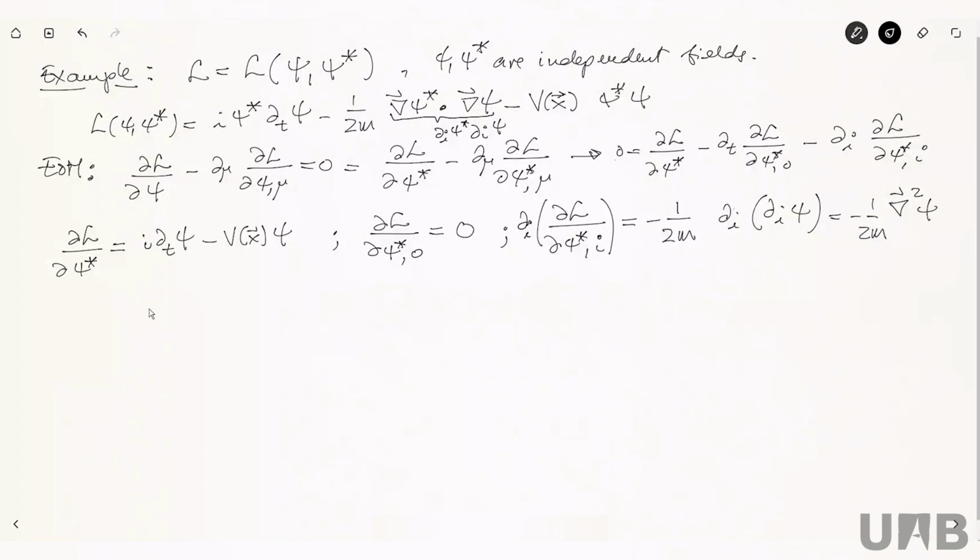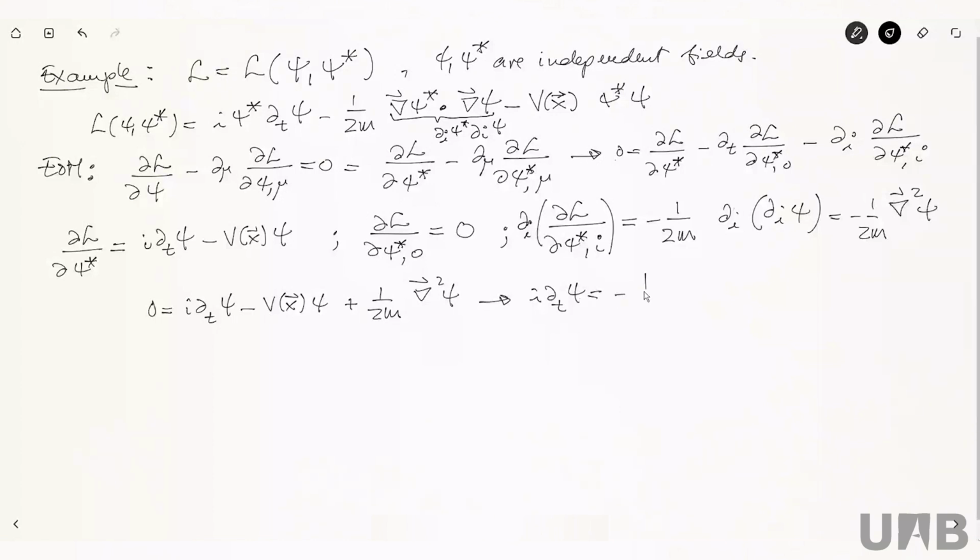So that means that 0 equals i dt psi minus v of x psi, that's this guy, minus the time derivative, this guy is not there, minus, and minus is plus, 1 over 2m Laplacian of psi, okay? So this equation, I can also write as i dt psi, and then I pull this guy and this guy to the other side.